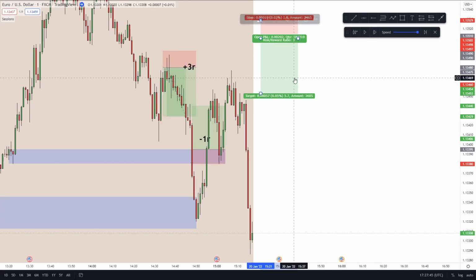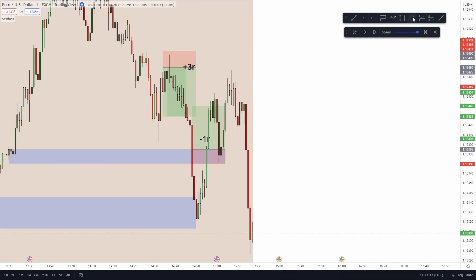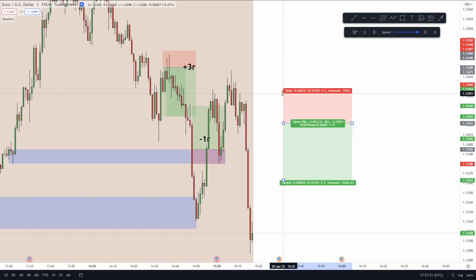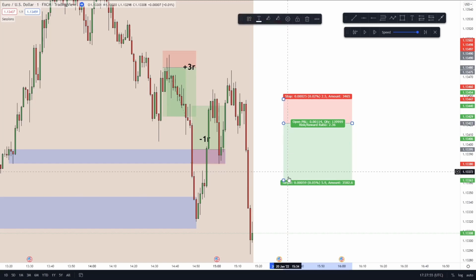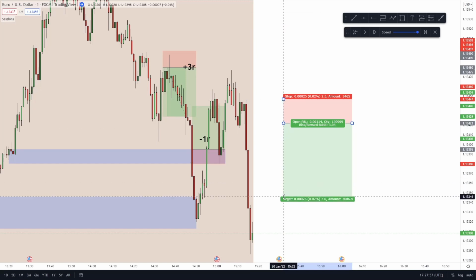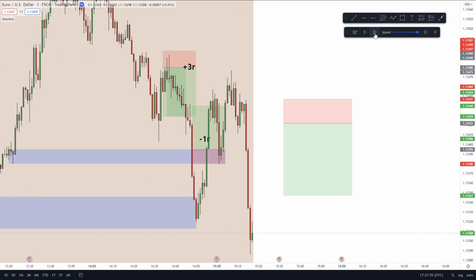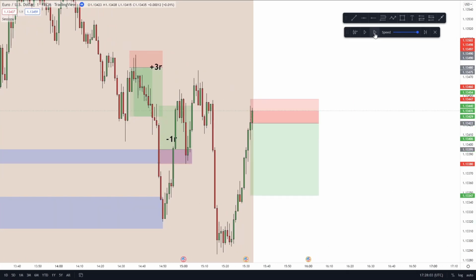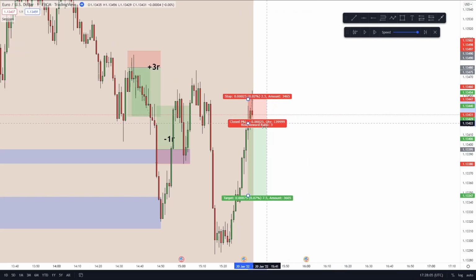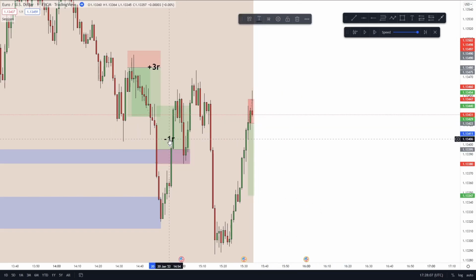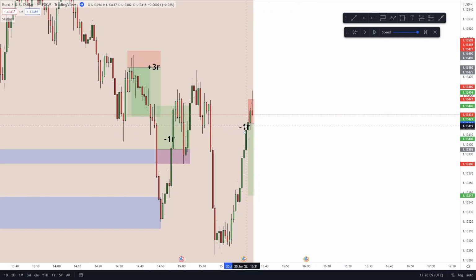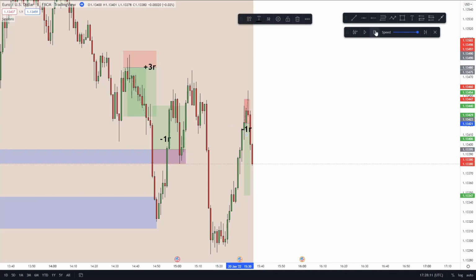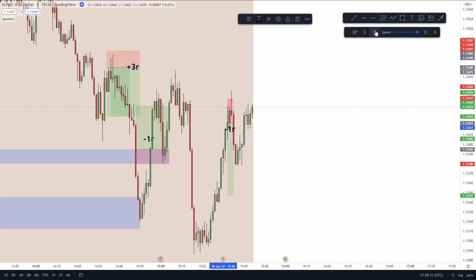So price continued to go bearish, so I did in fact delete this entry order and set it at this new order block just here. So price consolidates, starts to push up and tags us in, and then stops us out. So I think that puts us at 5R for the day. Got a nice little reserve going on though.